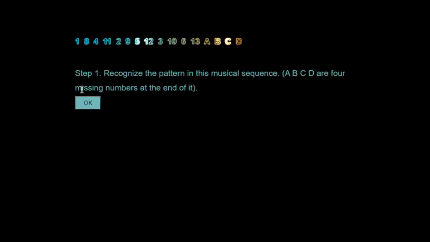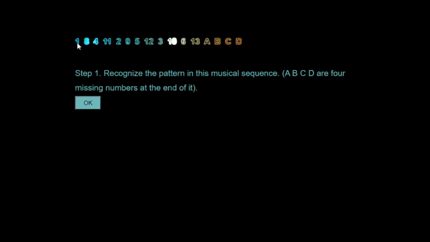If you click on Start, there will be a kind of puzzle. It's a row of numbers and 4 numbers are missing. You have to recognize a pattern in this sequence, so you have to find some kind of logic in it.